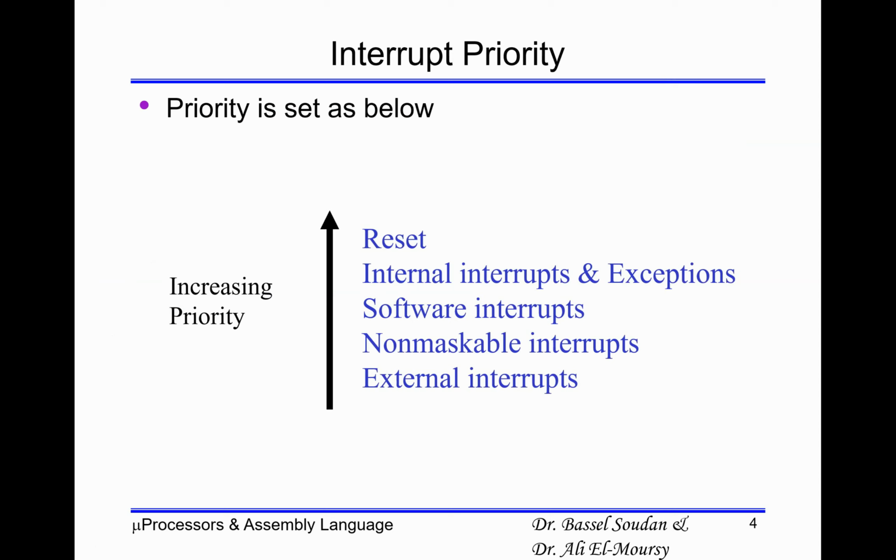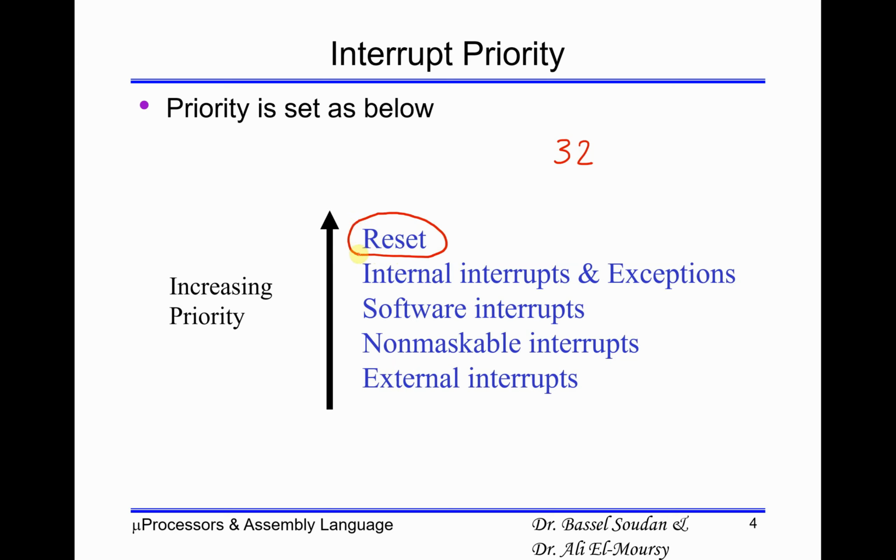Before we explain that, we need to highlight that the interrupts in the machine have some priority. In the previous slide we talked about interrupt number 32, and we have different interrupts in the machine. The different interrupts differ from each other based on their priority. The highest priority interrupt in any microprocessor is what's called the reset interrupt.